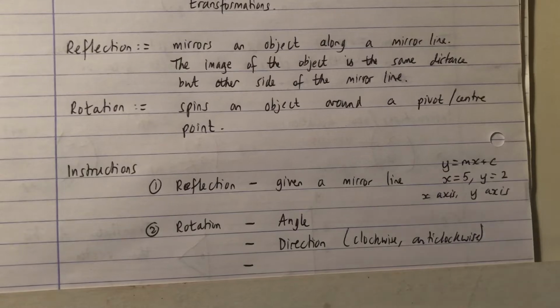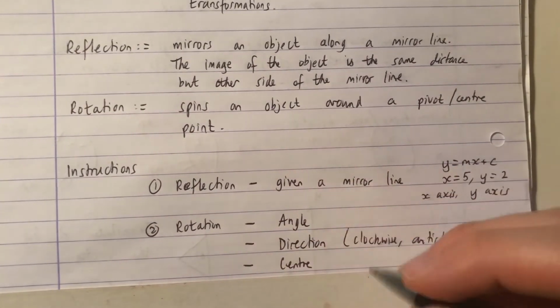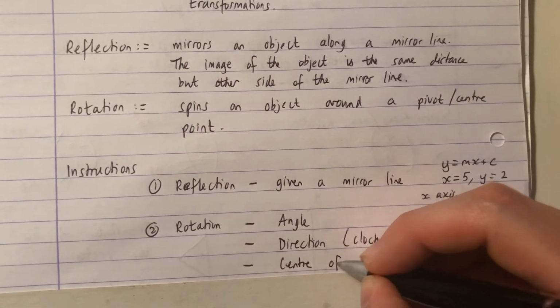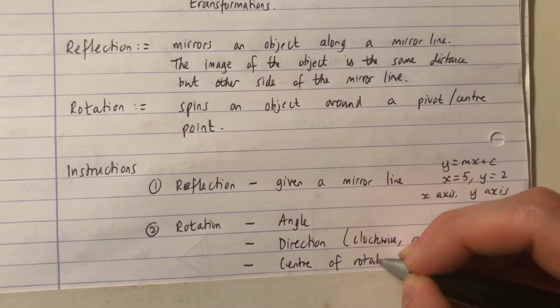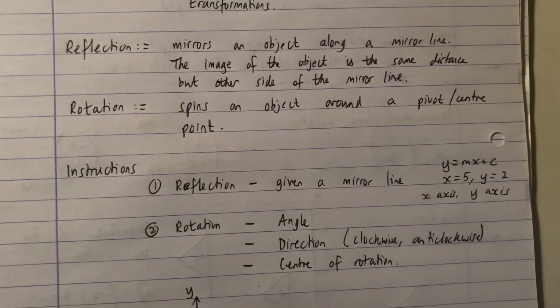And they need to give you a center of rotation, which is a fancy word for the pivot point, what everything spins around. So the rotation is probably the hardest one because there's three different instructions. Right, let's see what a question would look like.